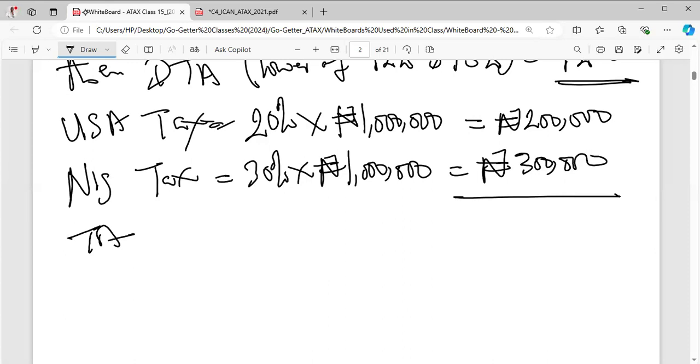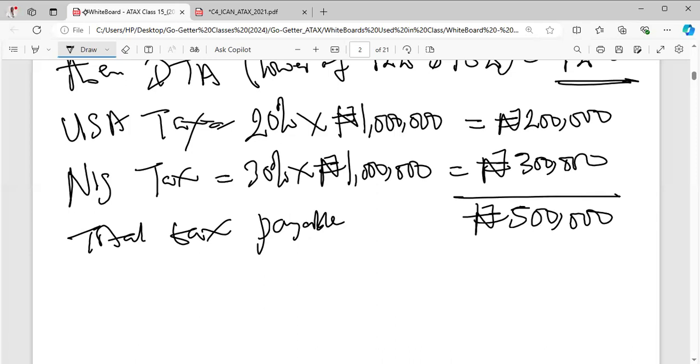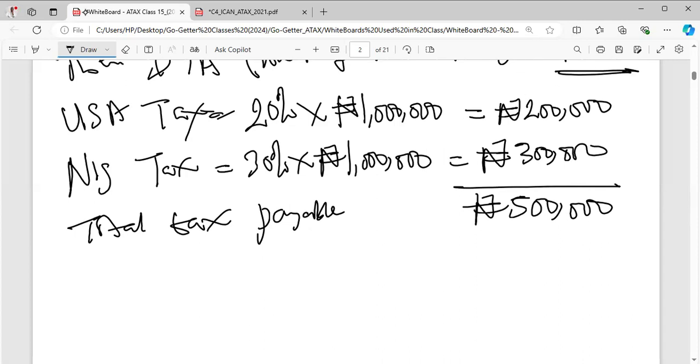Total tax payable, you see here now, it is 500,000. So why should the company be paying 20% and 30% on this? So 500,000 is the tax payable.